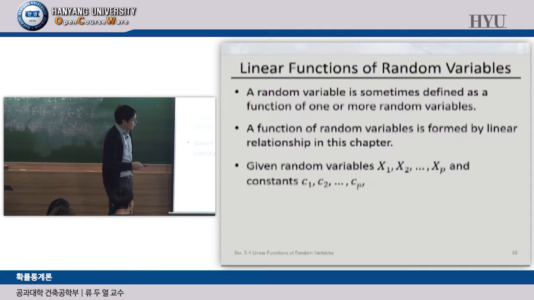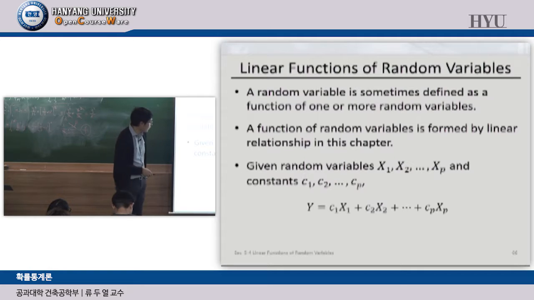Given random variables x1, x2, up to xp, and constants c1, c2, up to cp, we can have this new random variable y, and y is equal to the linear relationship of all these random variables. So that is equal to c1 by x1 plus c2 by x2 plus and so on, plus cp by xp.